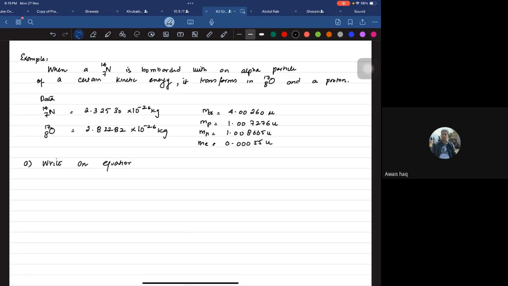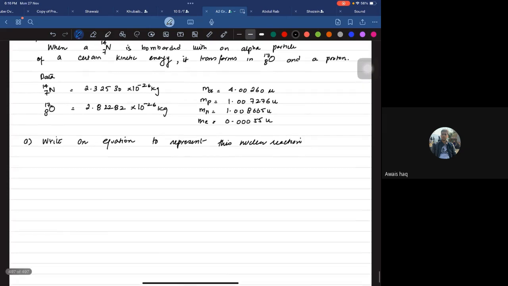Now, what they say in the first part of the question is, write an equation to represent this nuclear reaction. Then in the next part, they say, what is the minimum energy needed to make this reaction possible?